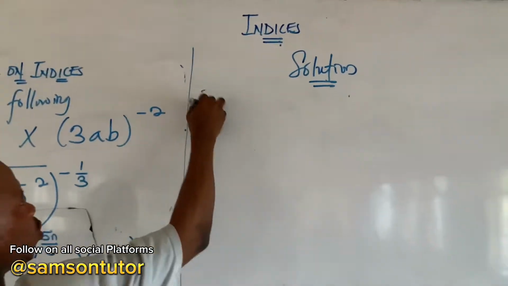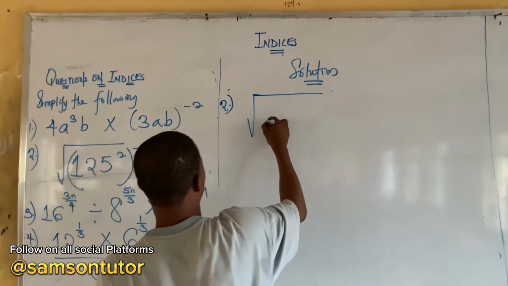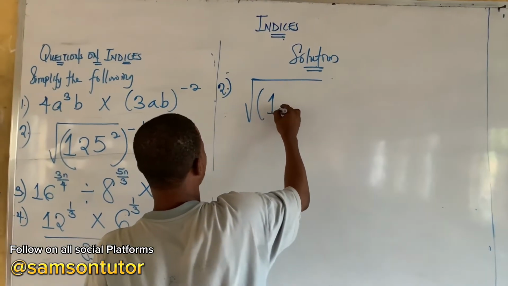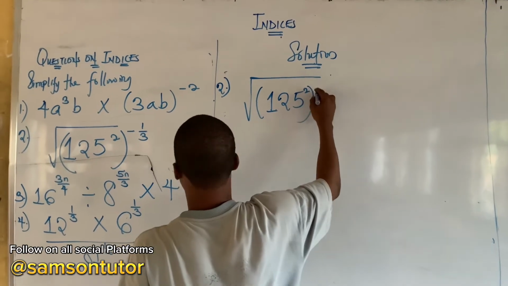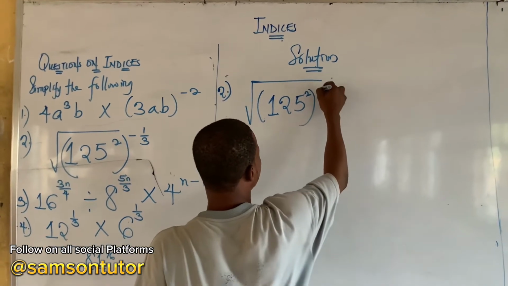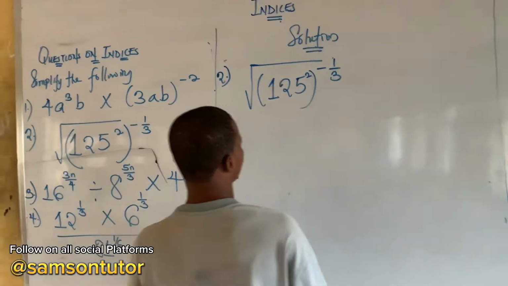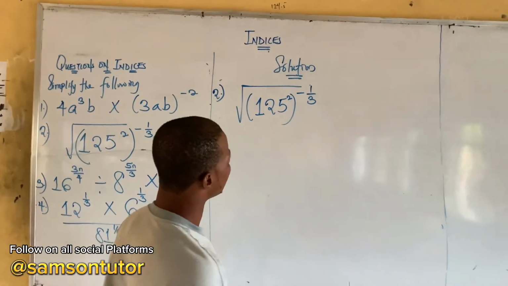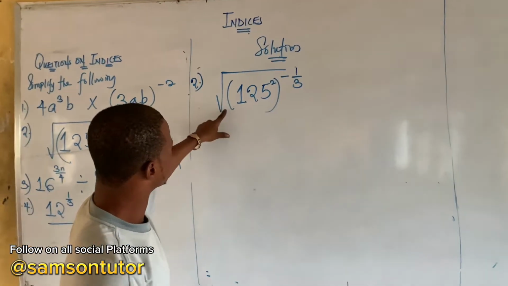Accepted. Number two says the square root of the bracket 1, 125 raised to power 2, close your bracket, all raised to power minus 1 all over 3. Now, earlier I said that look at these roots.